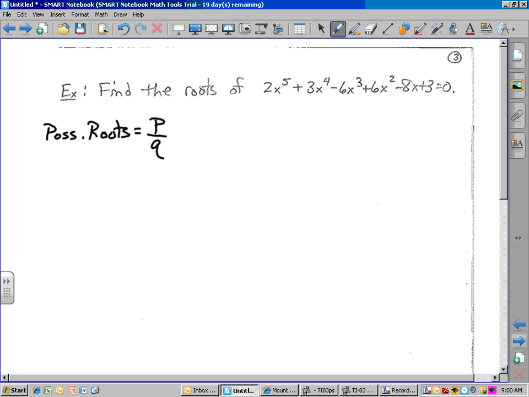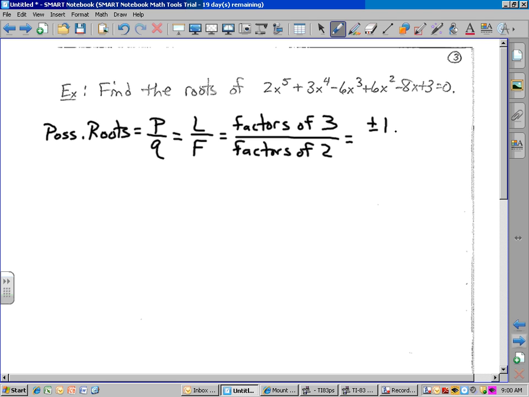Again, P over Q. Those of you that like the L over F, last over first, factors of the last. So that's the factors of 3, factors of 2. So plus or minus 1, plus or minus 3, plus or minus 1, plus or minus 2.